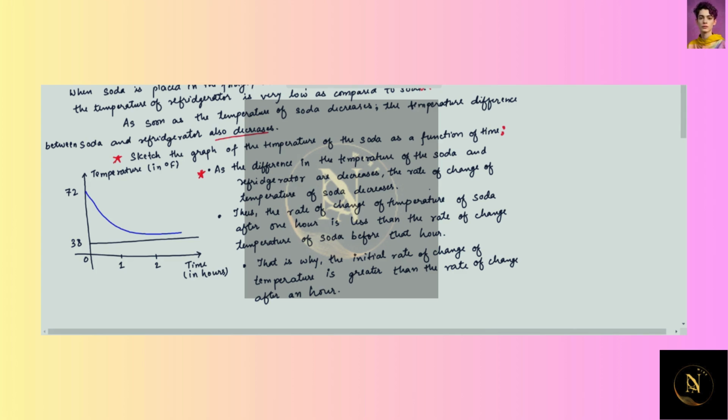Thus the rate of change of temperature of soda after an hour is less than the rate of change before that hour. So that is why the initial rate of change of temperature is greater than the rate of change after an hour. So this is how we solve this problem. I hope you understood the concept.